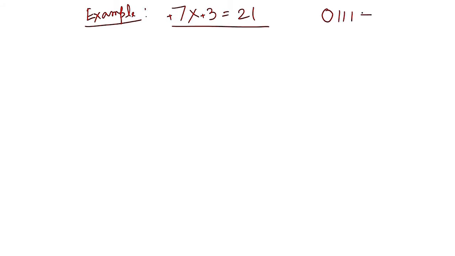This is nothing but the multiplicand. Okay. And then 0 0 1 1. As I said, the number has to be represented in n bits, where n is 4, because the number which has the higher absolute magnitude is represented in 4 bits. So, this will be the multiplier.